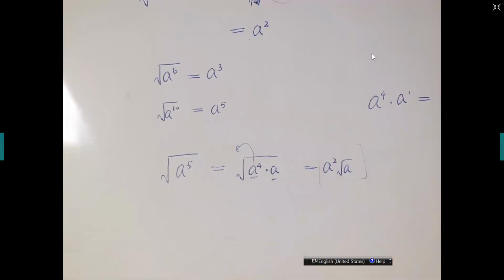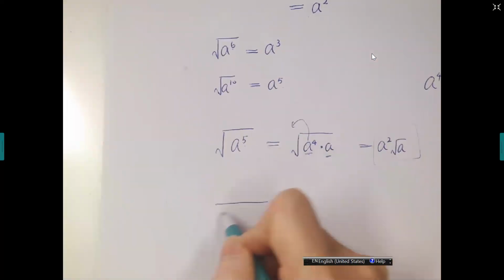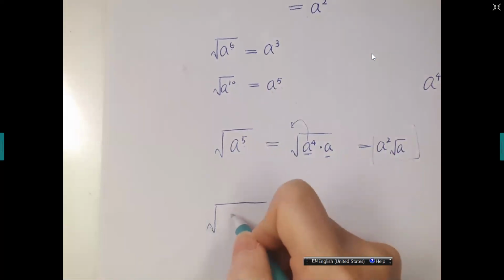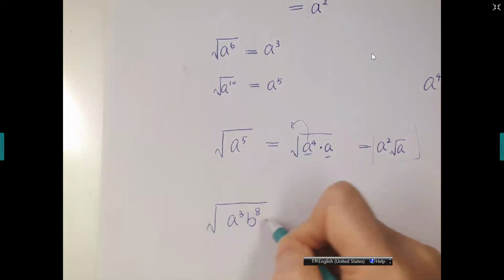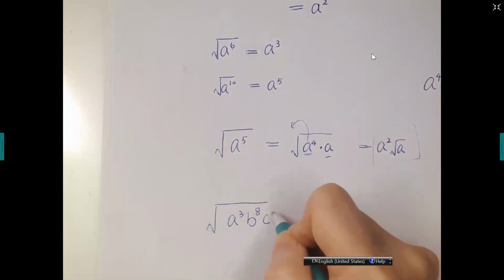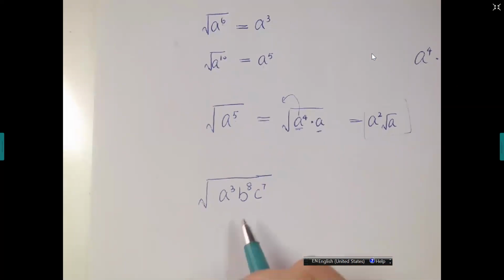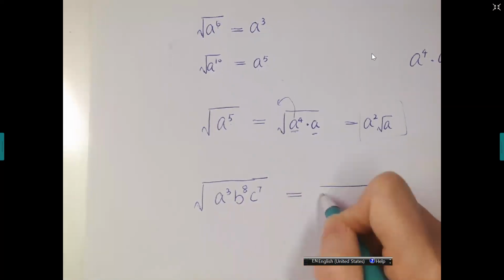If we have multiple variables, so I just showed you one variable. If I have multiple variables within the radical, say a to the 3rd times b to the 8th times c to the 7th, how do we simplify that? Same thing as we just did before.